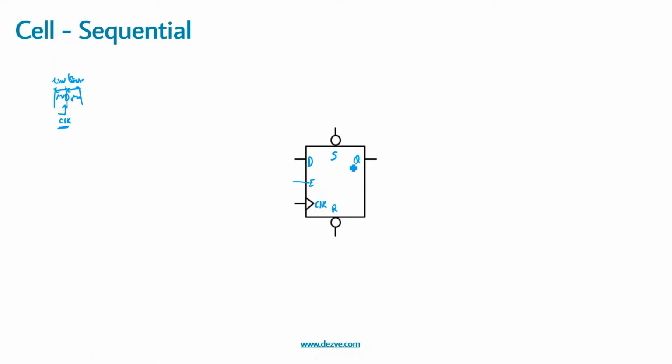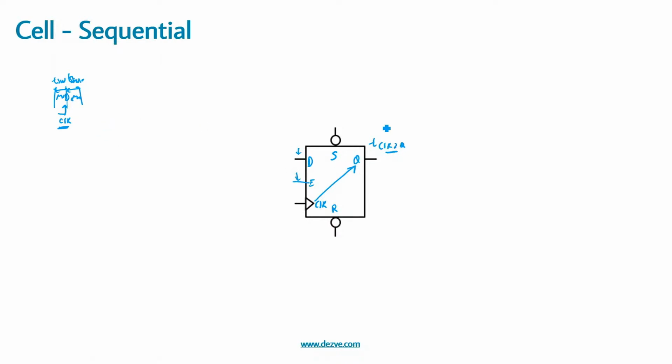The stable latched value would be propagated to the output. So there is a certain amount of delay from the clock to the Q, that is called T clock to Q, correct? That delay will also be mentioned. This is with respect to clock and the output pin, and these others were with respect to the input pin.